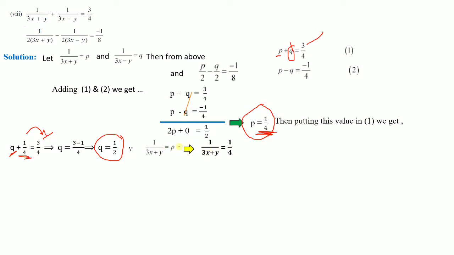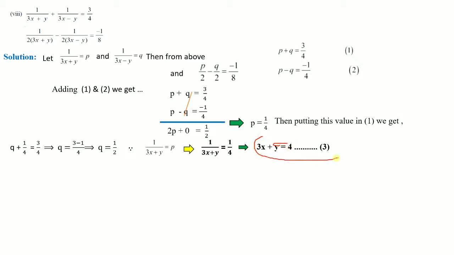Then taking reciprocal of both the sides, 3x plus y is equal to 4. Now look at here, this is again a linear equation in two variables, like in previous exercises we did.